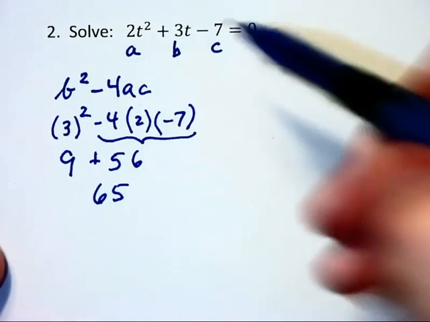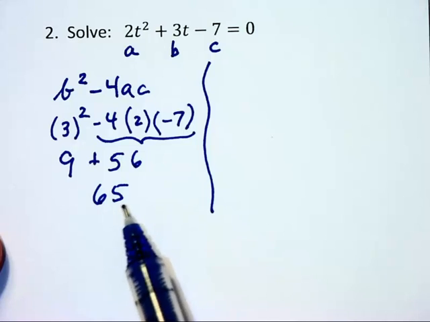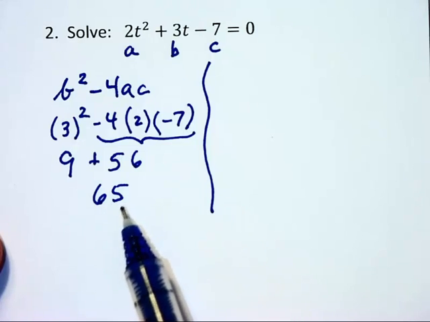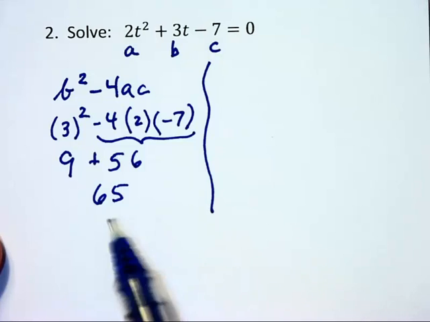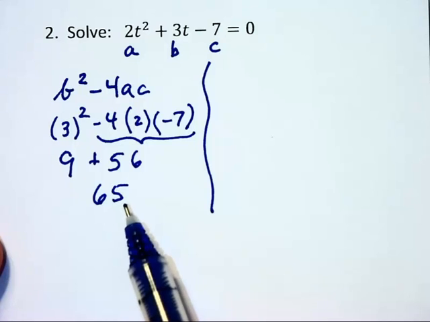Then I move on to the rest of my quadratic formula, and the reason I do this to start is if that had been a negative 65, I would have known I've got a square root of a negative and I'd have imaginary solutions. And we can tell things about our solution set just from looking at the value of this discriminant.